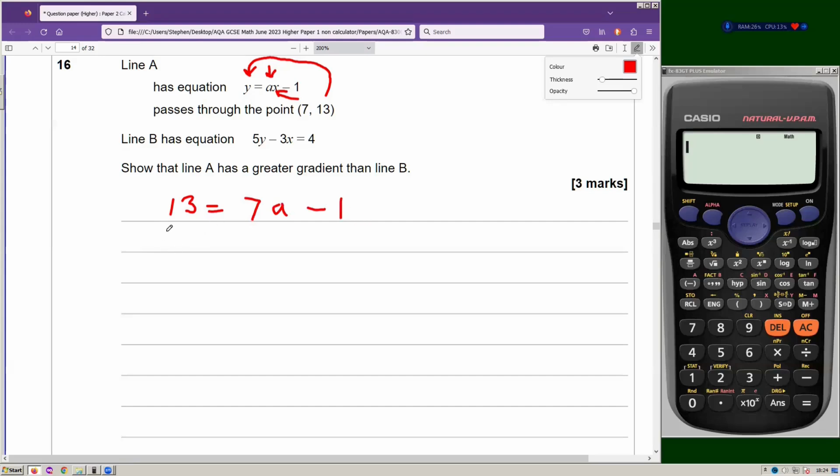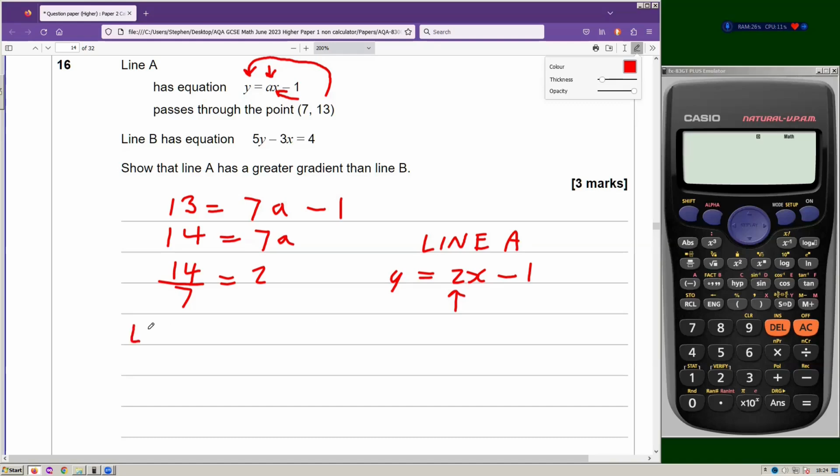Bring the 1 over, 14 equals 7a, 14 over 7 equals 2. So that one is y equals 2x minus 1, and that's our gradient there.